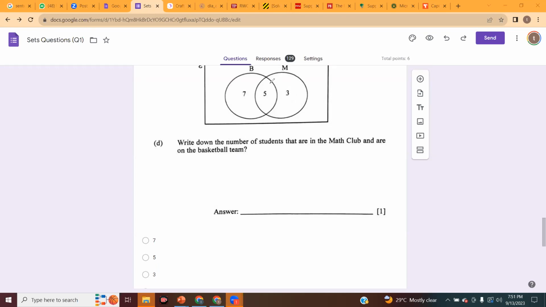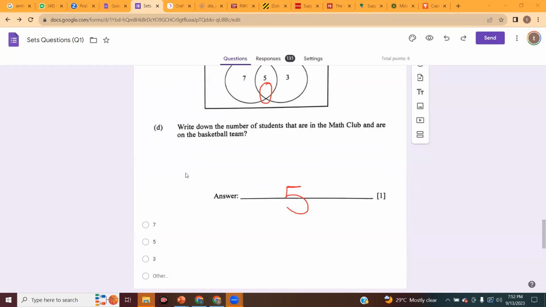That is the intersection of B and M, so it's going to be 5. So the answer to this one is 5, because we want the ones that are on the basketball team and on the math team. Does that make sense?